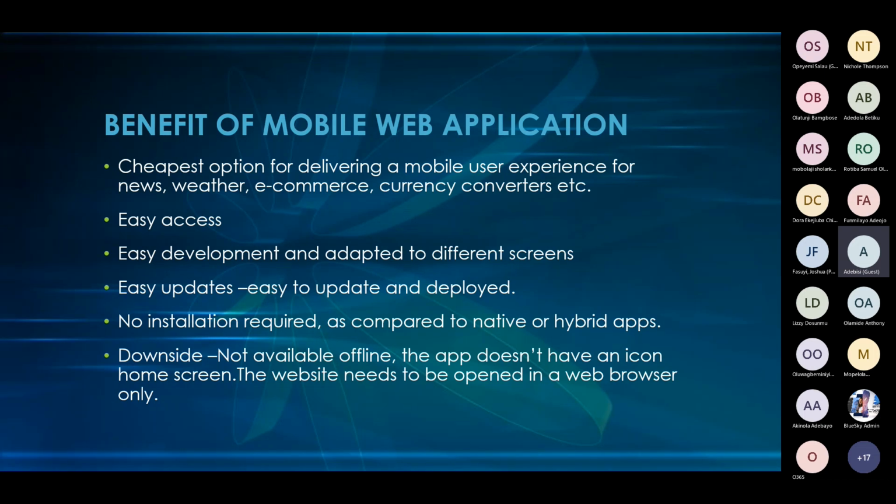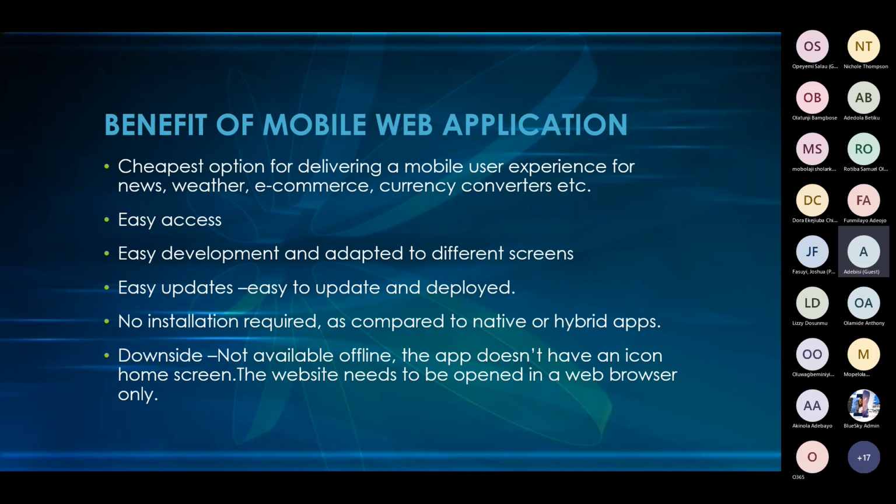Basically, you use a URL to access that application. Also, the examples I gave, like weather from BBC or Sky: you have your URL, press enter, and do whatever you want to do. Currency converters: I'm sure none of us ever downloaded any currency converter.